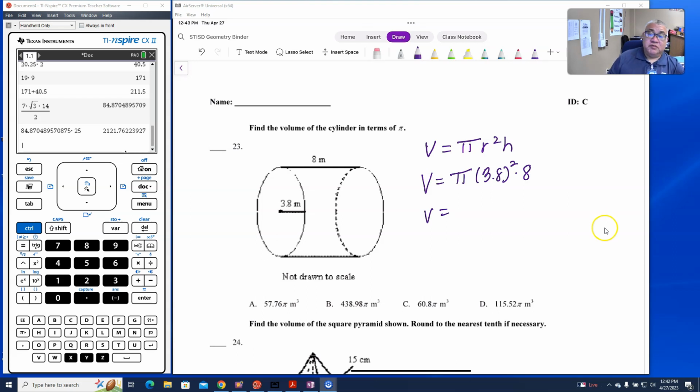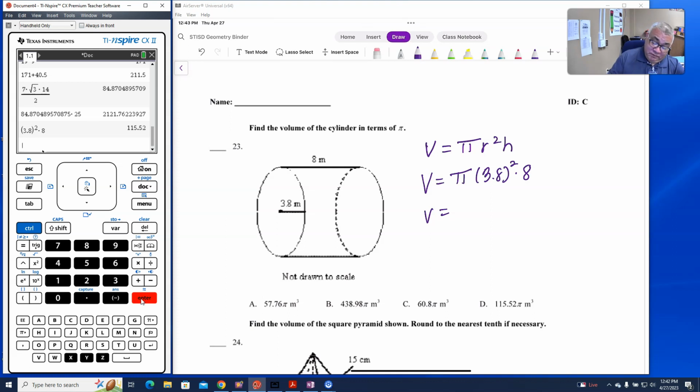It does say to leave it in terms of pi, so we're not going to multiply times the actual pi. So it's 3.8 squared times 8, and it's 115.52 pi, and it's cubic meters.